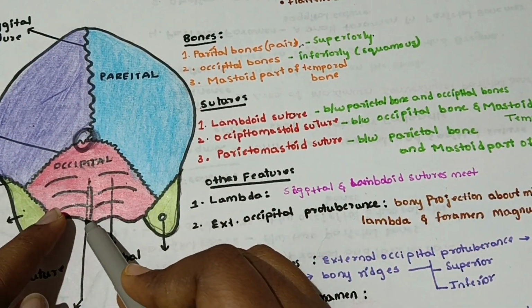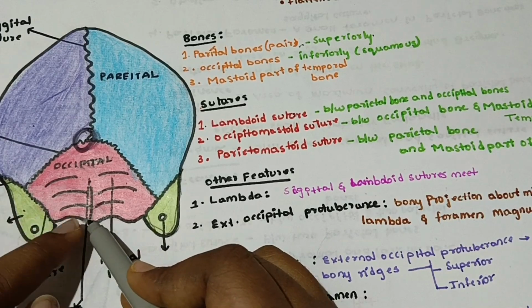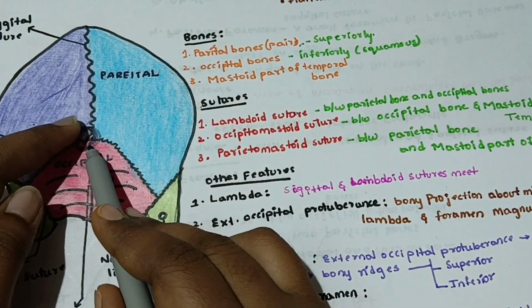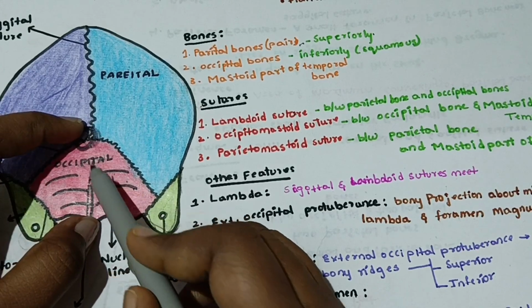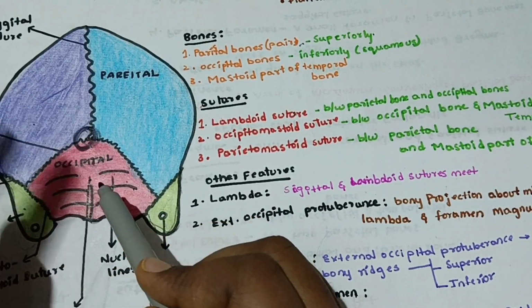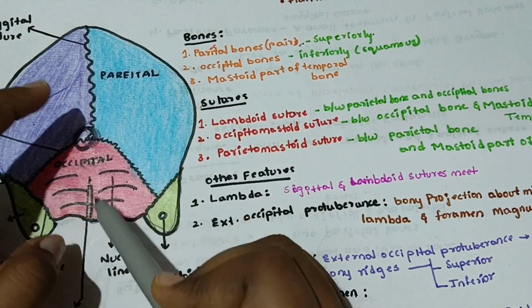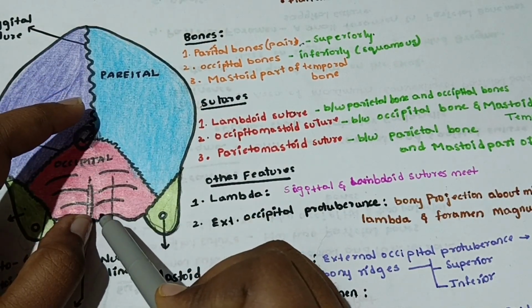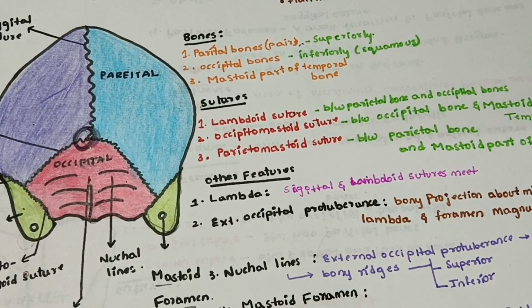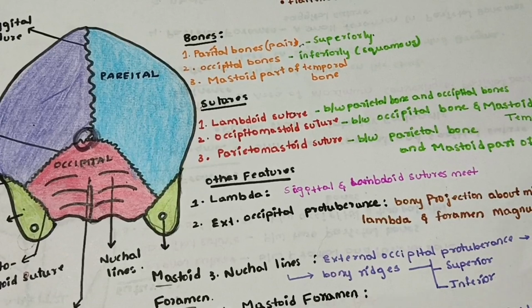This is the posterior border of the foramen magnum, and this is the lambda, in the median line. The elevation between the lambda and the posterior margin of the foramen magnum is known as the external occipital protuberance. There is also an internal occipital protuberance, presented in the interior of the skull.